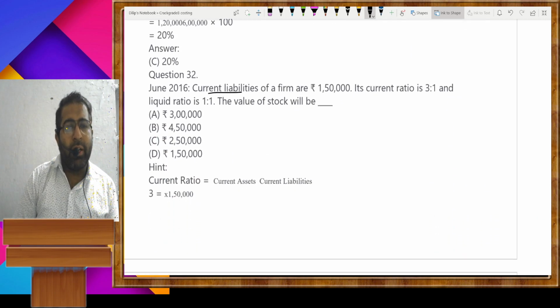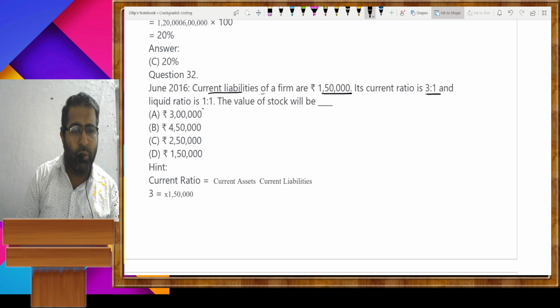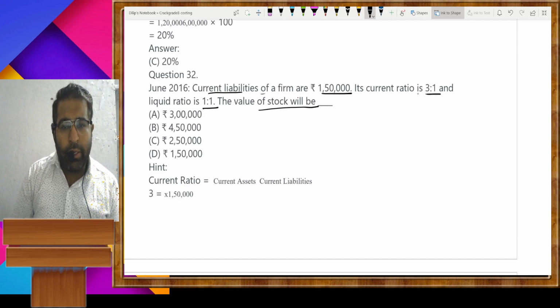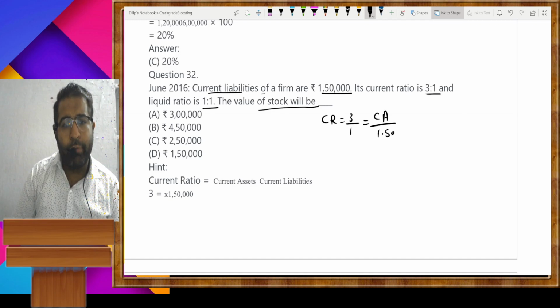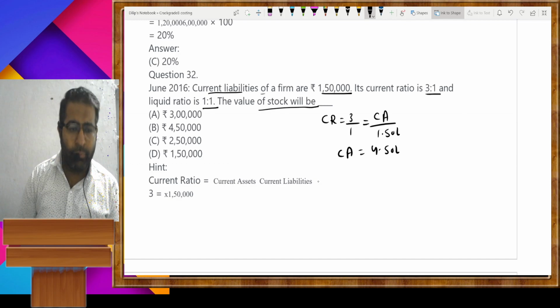Again the same question. Current liabilities 1,50,000, current ratio 3:1, liquid ratio 1:1, value of stock. Just quickly I am doing it. Current ratio 3:1 equals current assets divided by current liabilities, given 1,50,000. So current assets are 4,50,000.